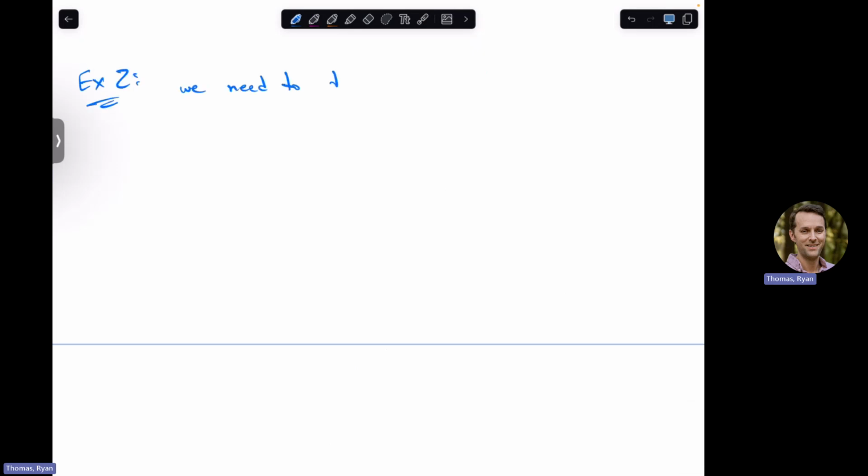We need to divide x cubed plus, I don't remember what it was, minus 6x squared plus 3x plus 10 by x minus 2.